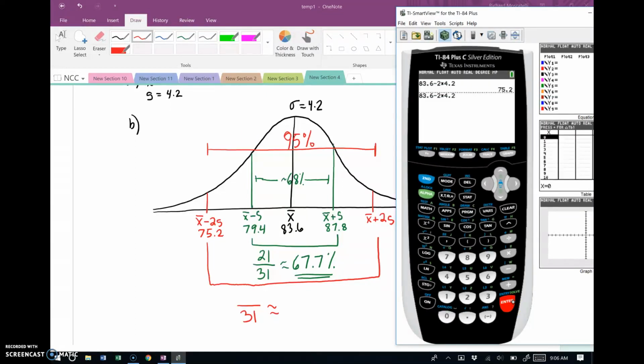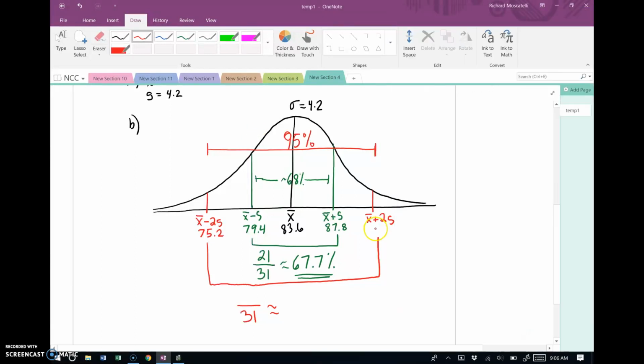And if I do the same calculation with an addition sign in there, that value is 92. All right, so once again, we got to count how many of the data values fall within 75.2 and 92.